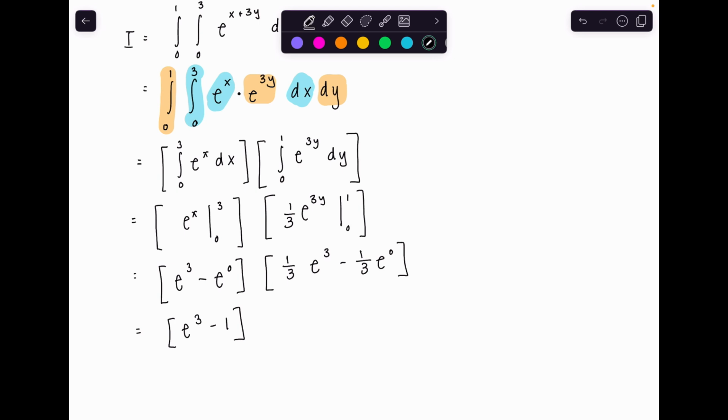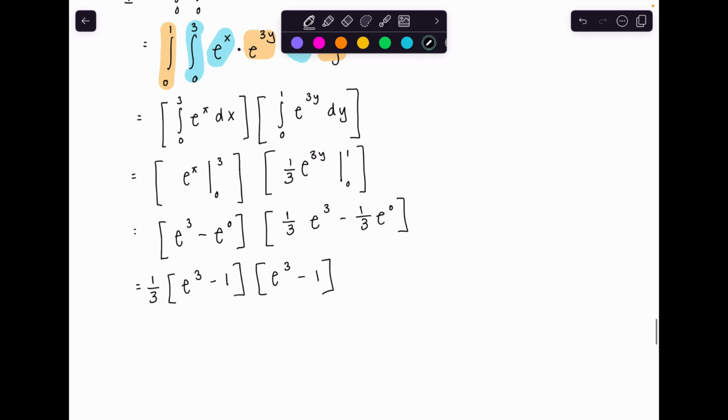Realistically, they both have a 1/3 in common, so I can just pop that out front, because what you're left with then is e cubed minus 1. And just for good measure, to make this look nicer, because this is the same thing multiplied by itself, you really get (e cubed minus 1) squared.